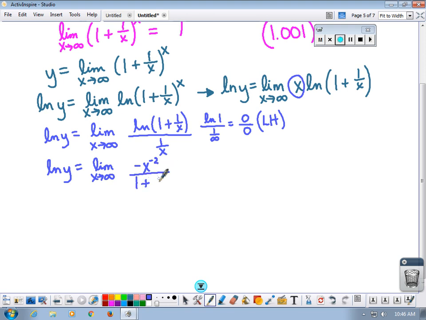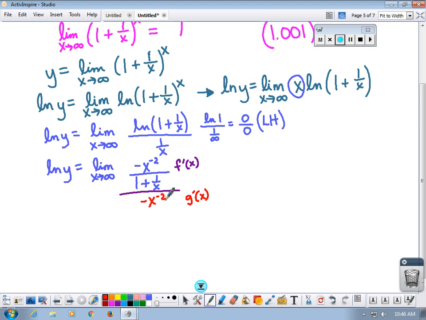And then over 1 plus 1 over x. Okay, so I'm going to label this f prime of x over, and now I'm going to do g prime of x on the bottom, and that's negative x to the negative 2.